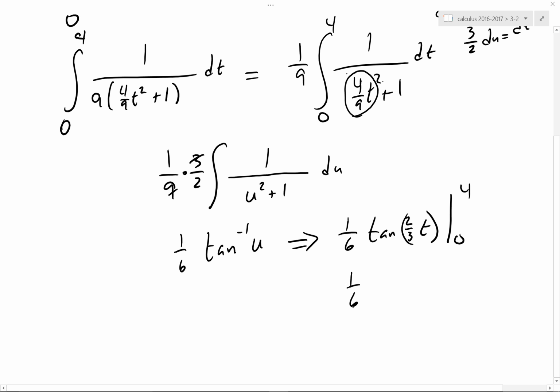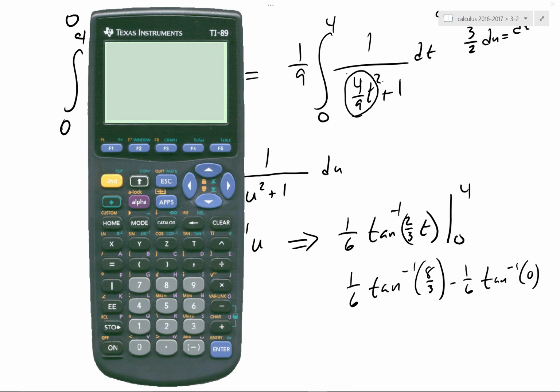And so it's going to be 1/6 arctan of, that'd be 8/3, I guess, minus 1/6 arctan of 0. Again, make sure that you are in radians before you get carried away on this.